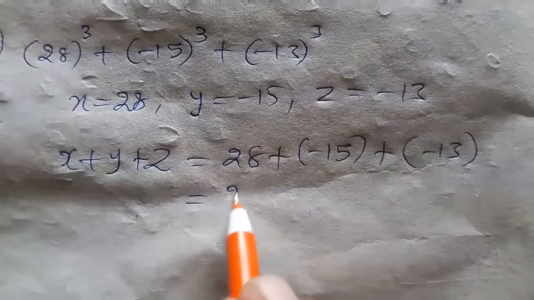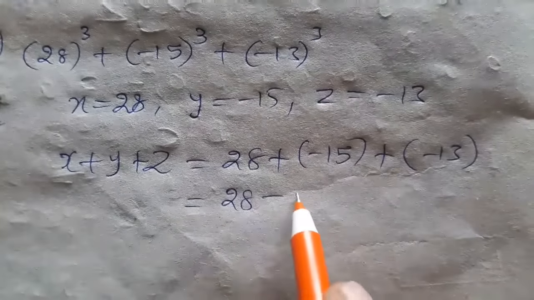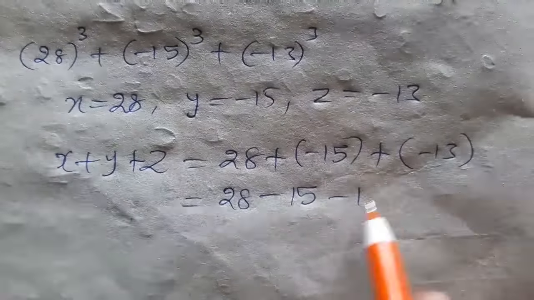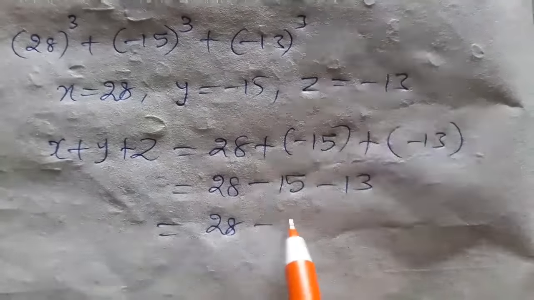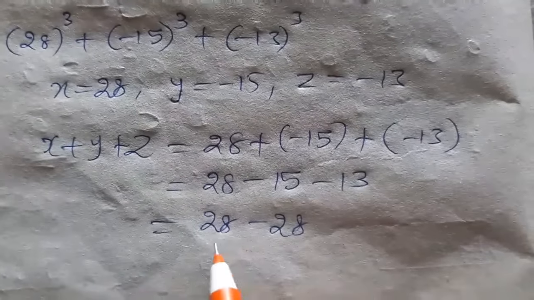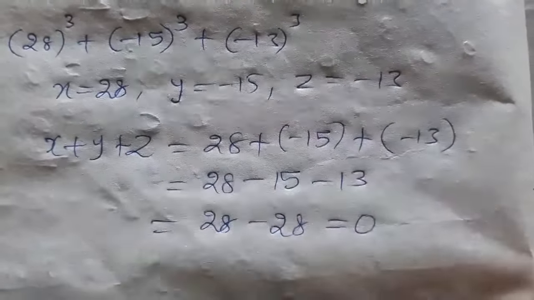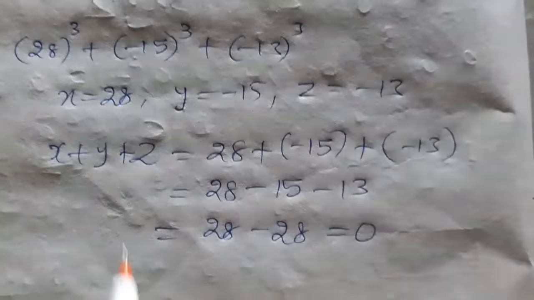Plus into minus becomes minus, so 28 minus 15 minus 13 becomes 0. So the sum of the bases became 0.